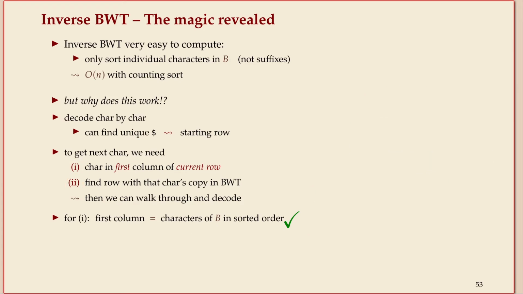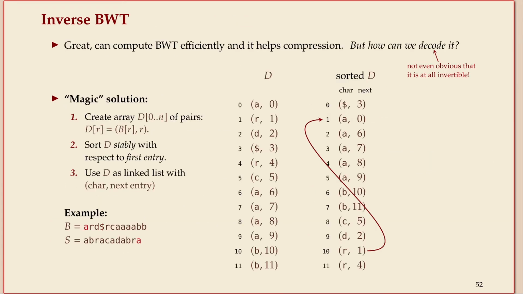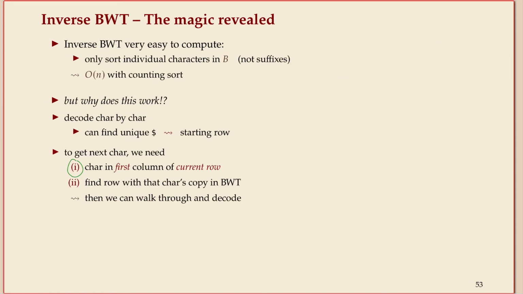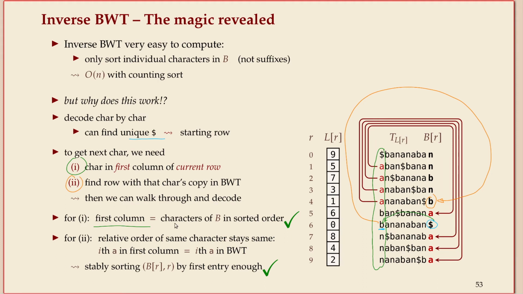Now, if you go back to the algorithm, we didn't explicitly sort the BWT anywhere, but we sorted these pairs. So here is the same green row of characters in the first column. So that part's indeed not too hard. We get that by simply sorting the BWT alphabetically.